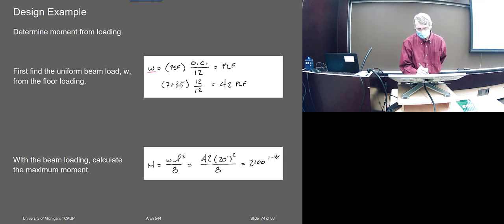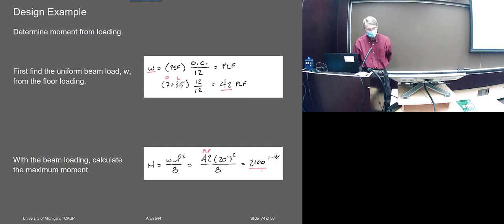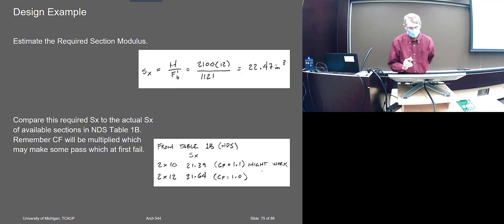Okay, so calculating the moment. We've got the loads, the dead load and the live load, and it's 12 inches on center, so it comes out to 42 PLF. Put that into this, and we come out with 2,100 foot-pounds.